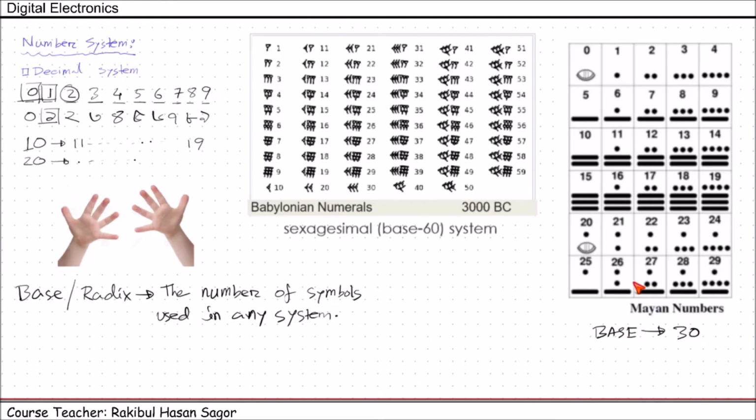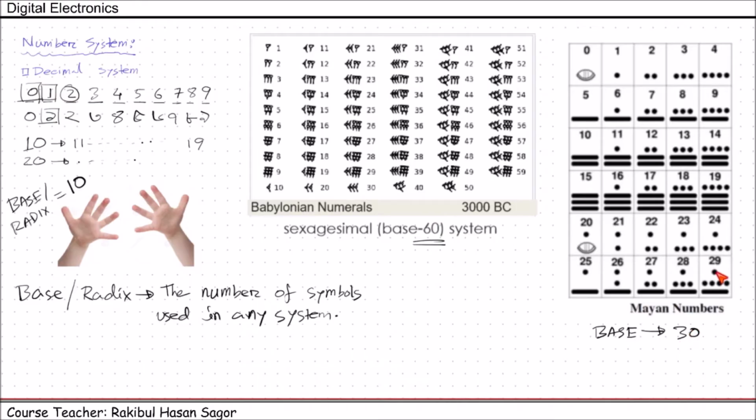For the decimal system, we have base or radix equal to 10. For Babylonian numerals, we have base 60, and for the Maya civilization we have base 30.